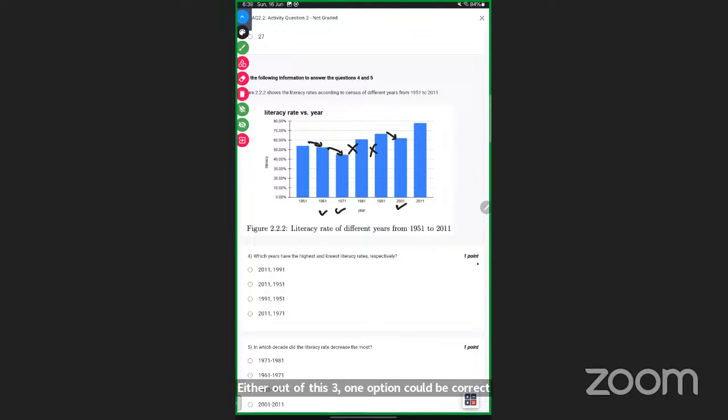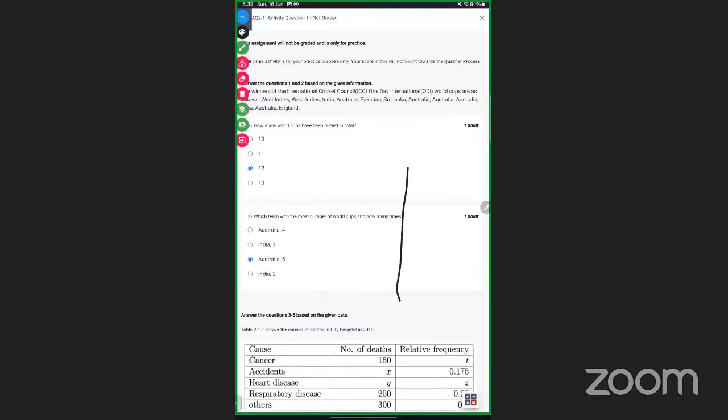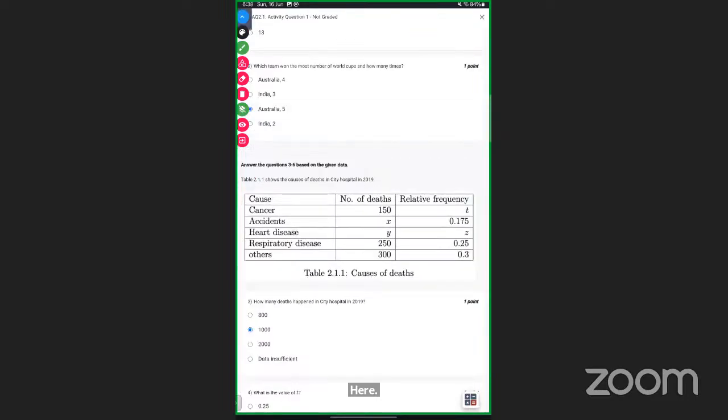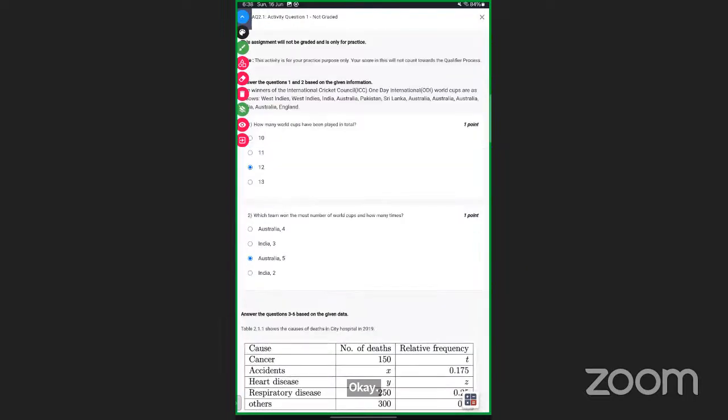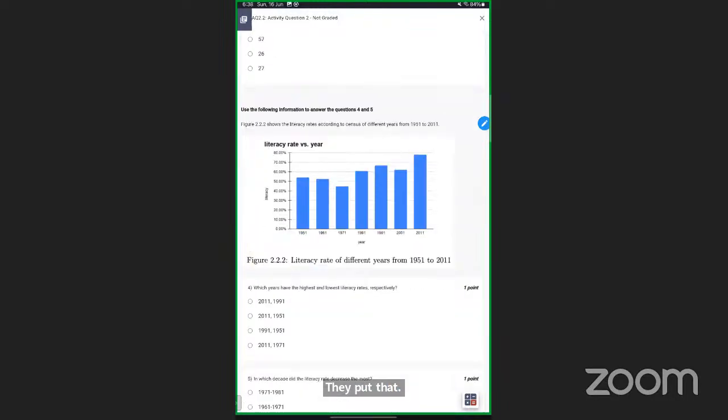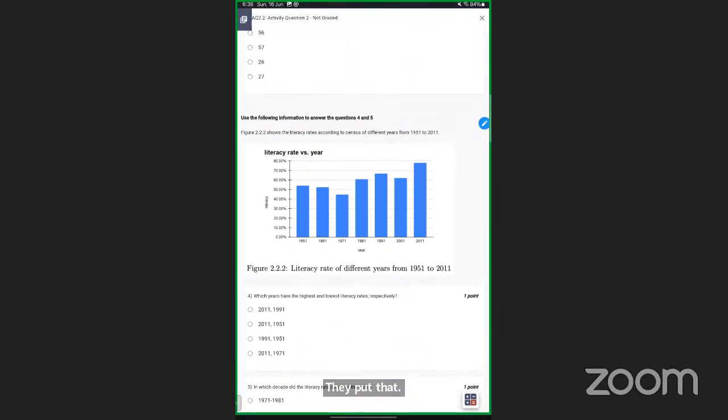Now you need to see the values. I mean, at least I can see from the graph that this can't be true.